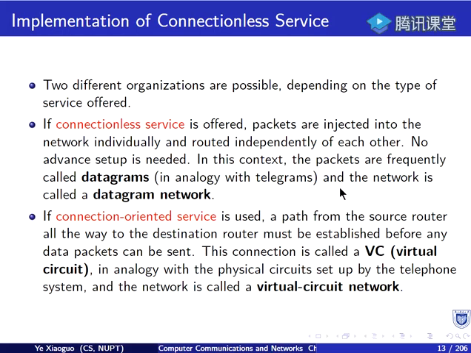If connectionless service is offered, packets are injected into the network individually and routed independently of each other. No advanced setup is needed. In this context, the packets are frequently called datagrams, and the network is called a datagram network.